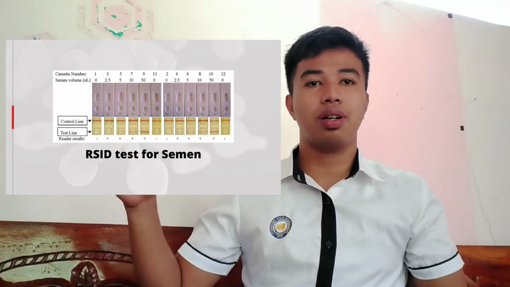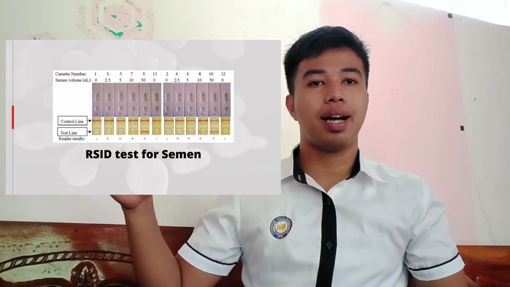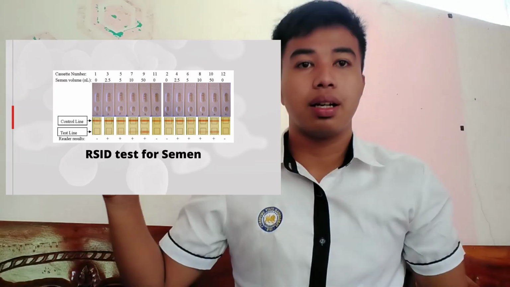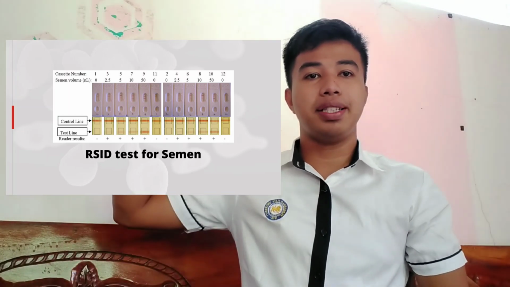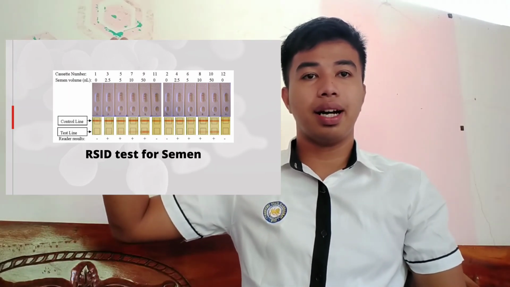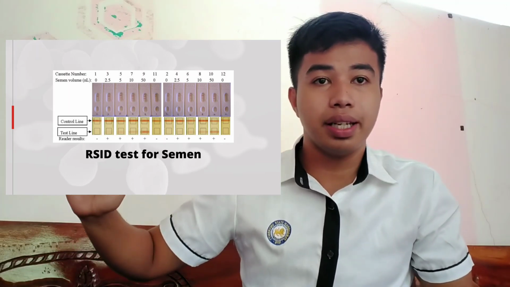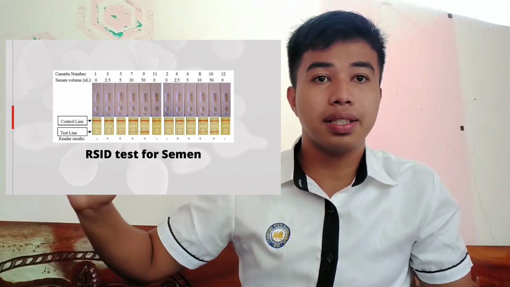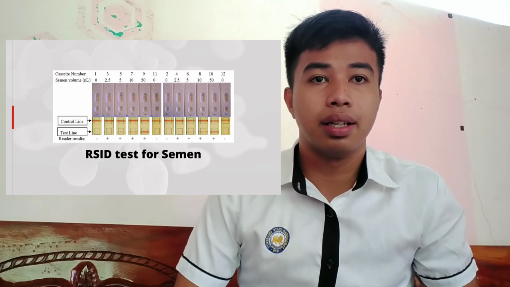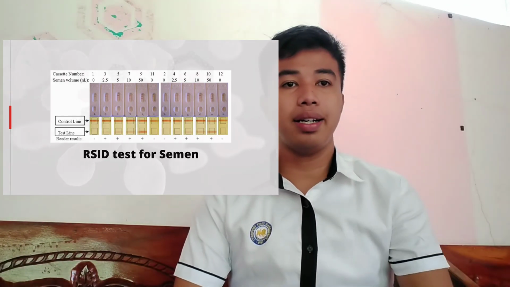So this is the image of a sample of the RSID test for semen. As you can see, the upper one is the control line and the lower one is the test line. So that is the RSID test for semen.